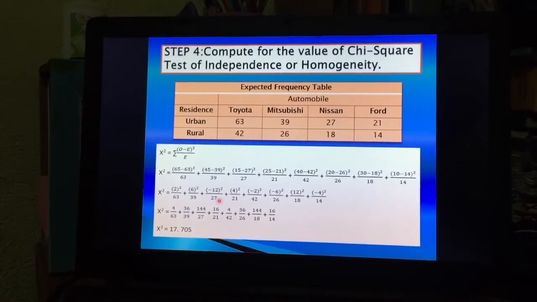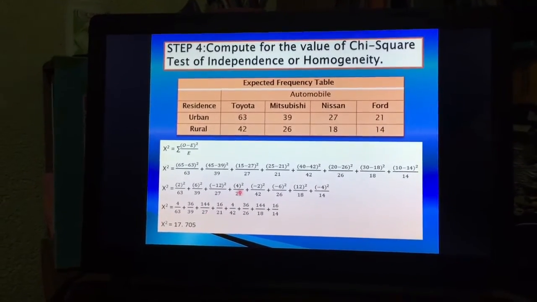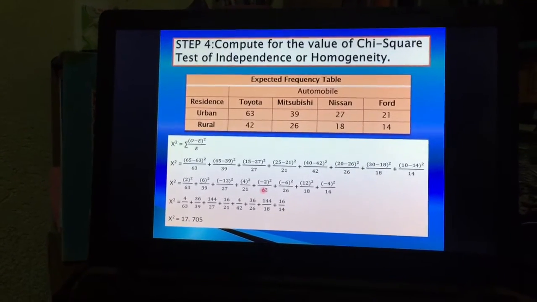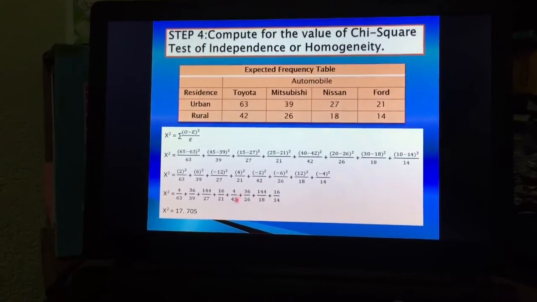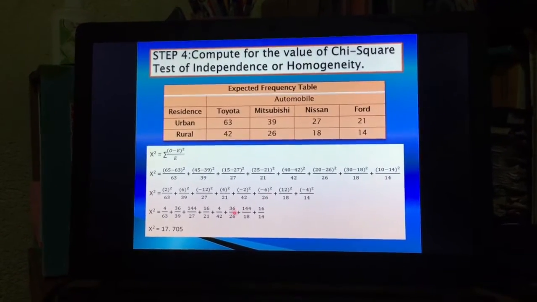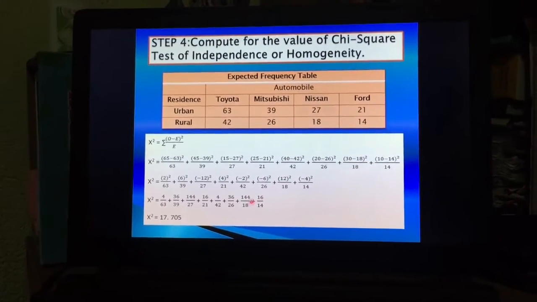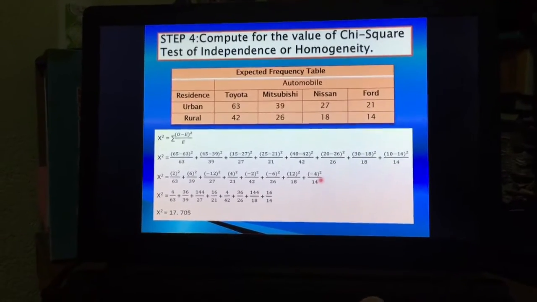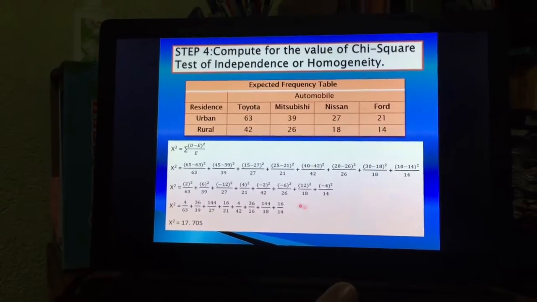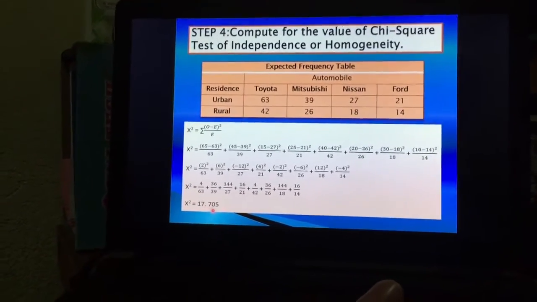Negative 12 squared is 144 over 27. 4 squared is 16 over 21. Negative 2 squared is 4 over 42 plus negative 6 squared is 36 over 26. 12 squared is 144 over 18. And lastly, negative 4 squared is 16 over 14. Add them all to have the value of chi-square, which is equal to 17.705.